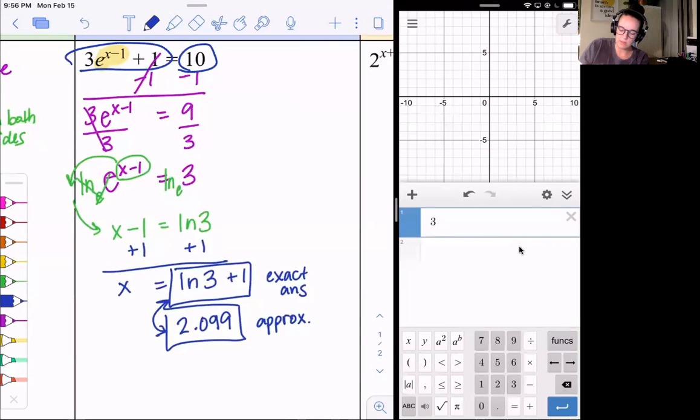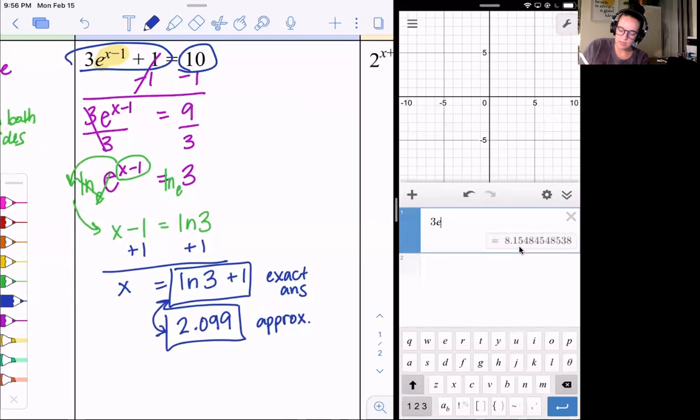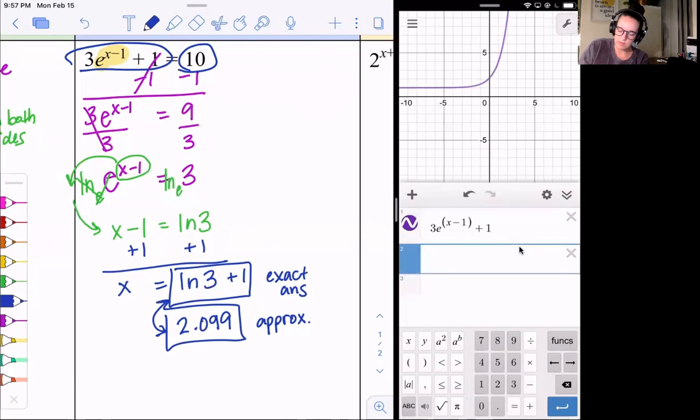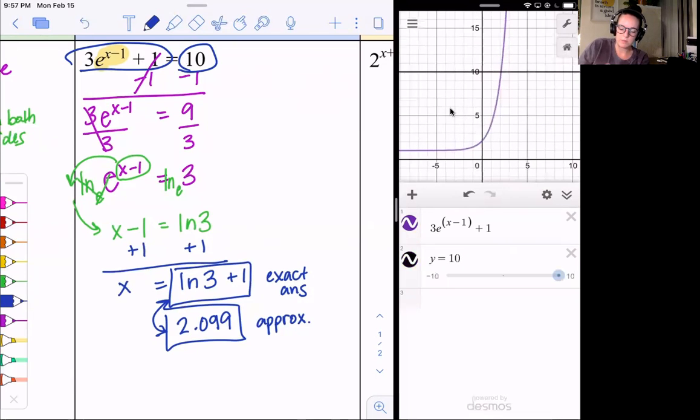So I'd have 3e to the power of x minus 1 plus 1 at the end, and y equals 10 as my other equation. I go to see where they meet, and I can see 2.099. That's how I can check my answer here.